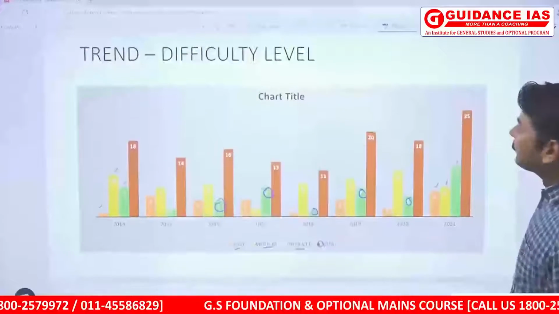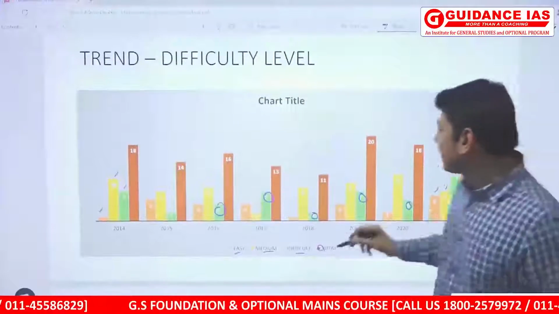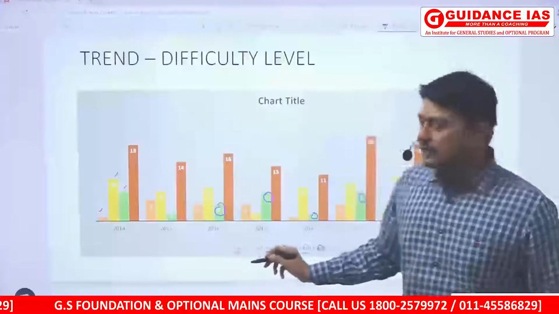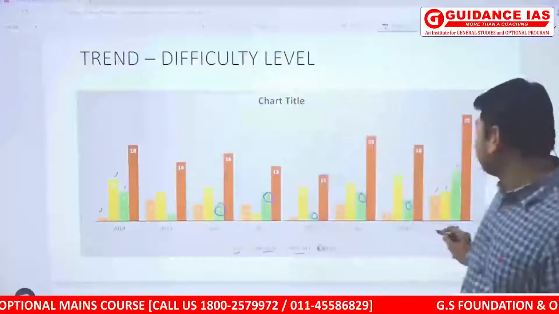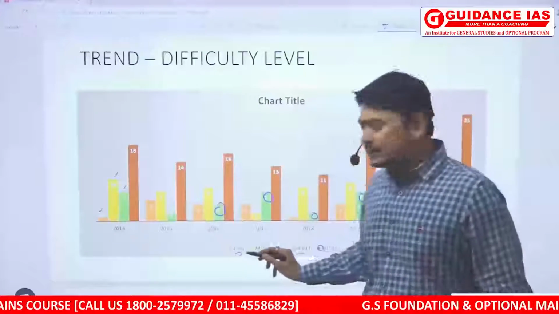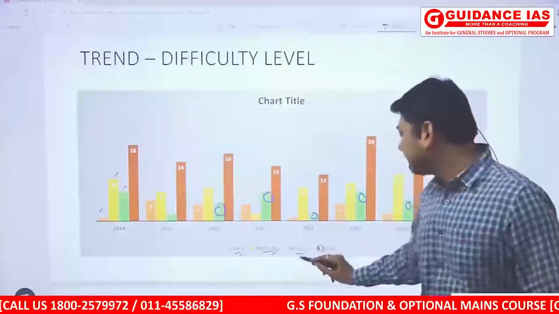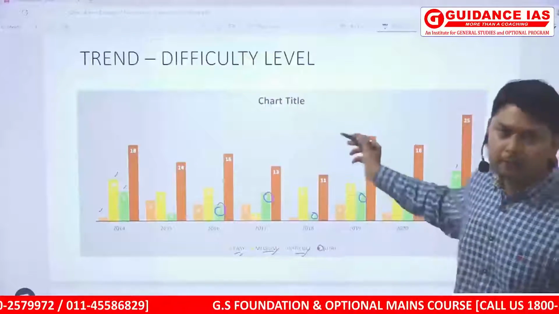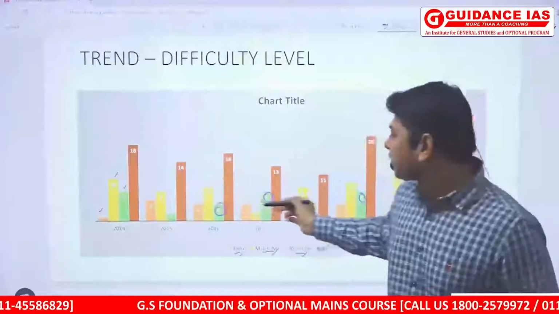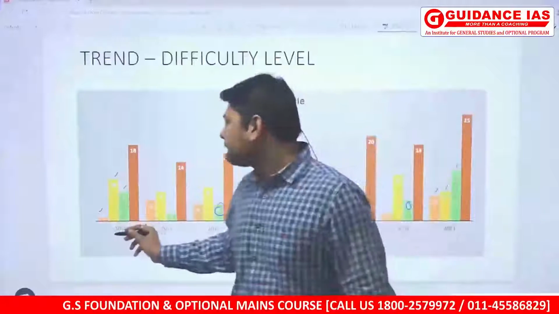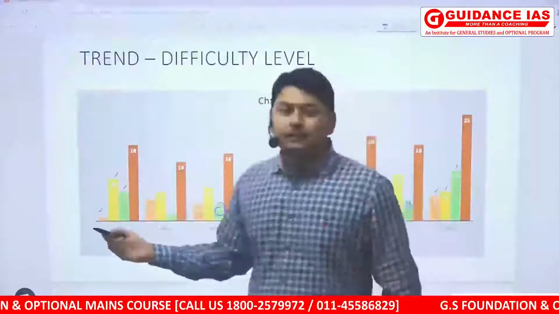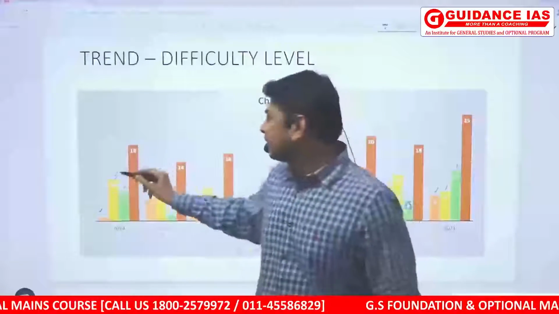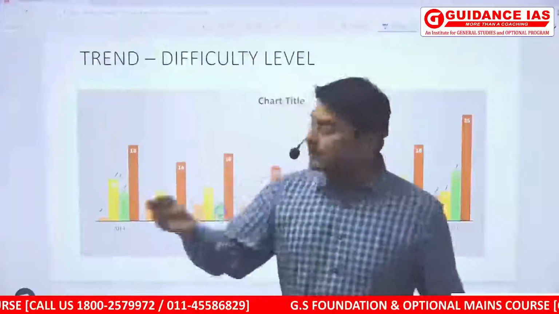I have another trend here: if I divide all the questions from 2014 to 2021 into easy, medium, and difficult questions, along with the total. In 2014, the number of easy questions was only 1, medium questions were 10, and difficult questions were 7.